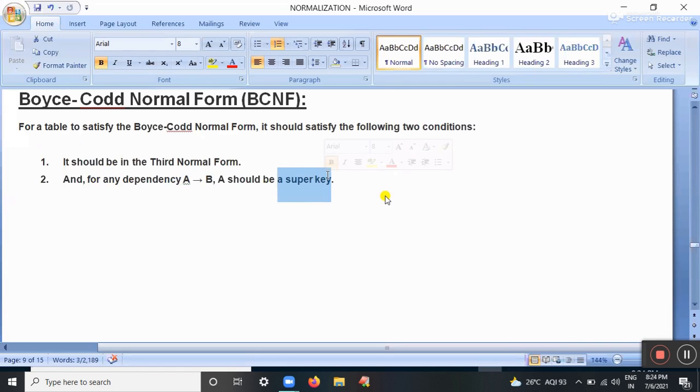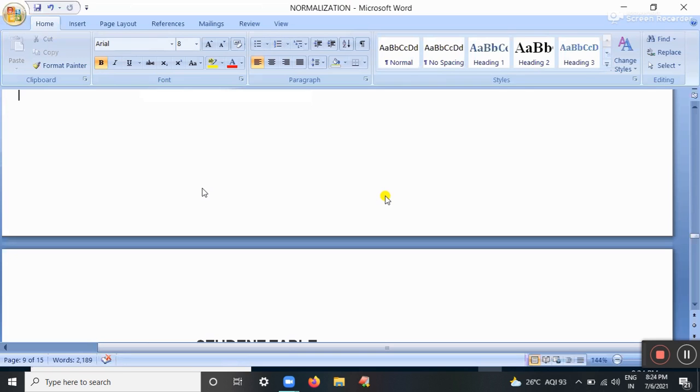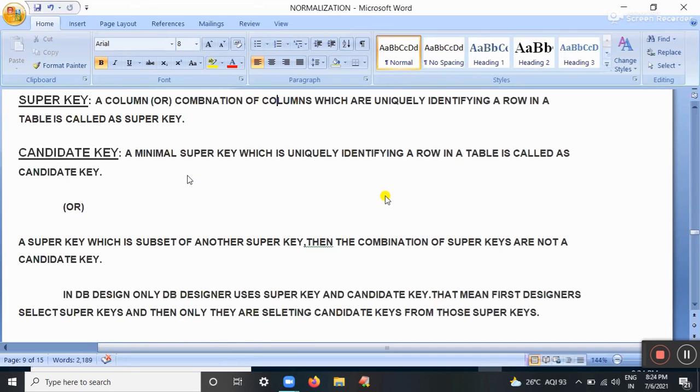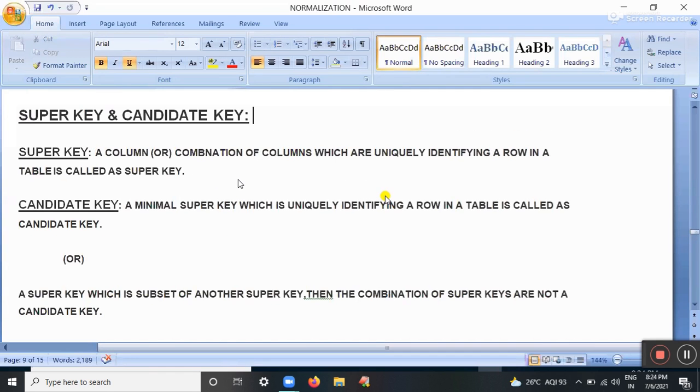Let's look at the definitions of super key and candidate key. Super key definition, carefully observe: a column, meaning a single column, or a combination of columns, which uniquely identifies a row in a table is called a super key.